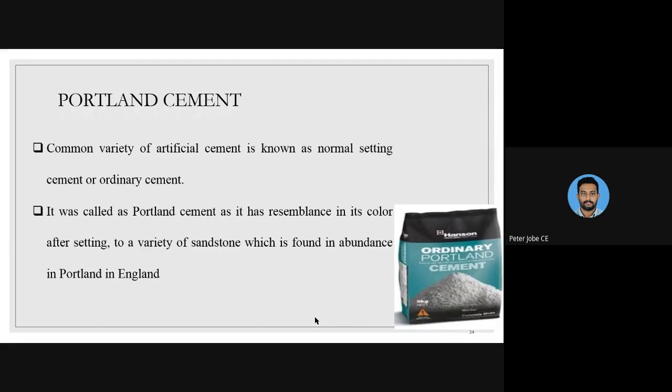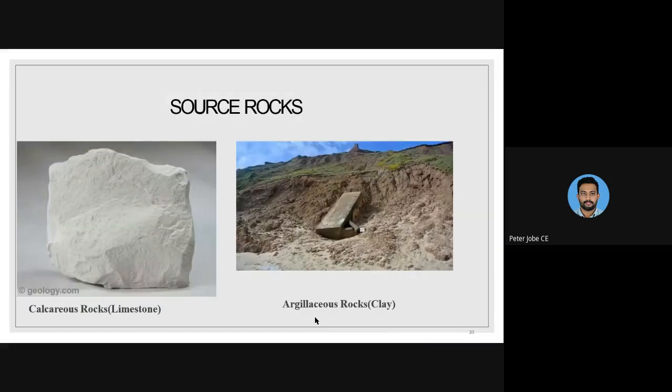The common variety of artificial cement is known as normal setting cement or ordinary cement. It is the basic cement that we use, and there are several additions and new things that have come in ordinary Portland cement that we will discuss as we move on to the types of cements.